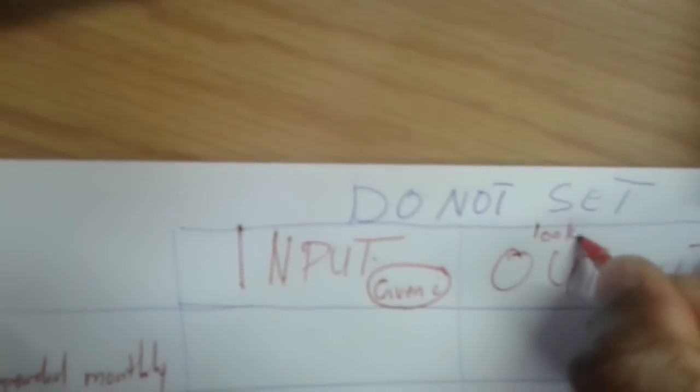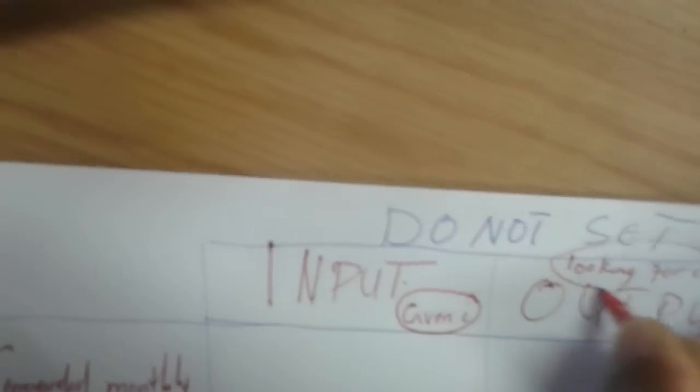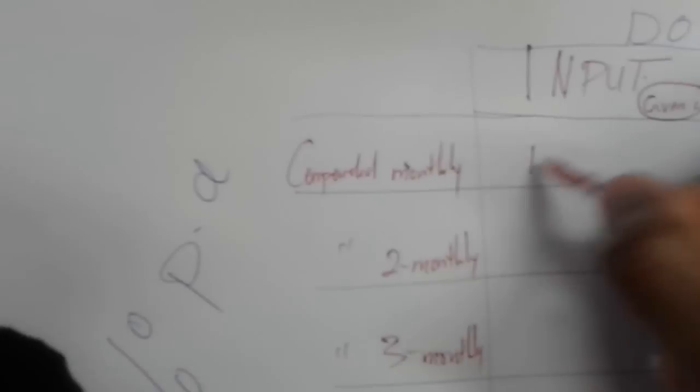So what do I mean by input? I mean when you are given your I. What do I mean by output? When you are looking for I. When you want to put in your I, and your I is 10% per annum, compounded monthly, you are going to say 10 divided by 12.